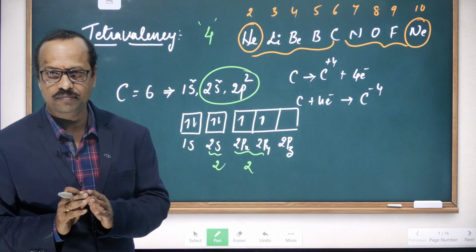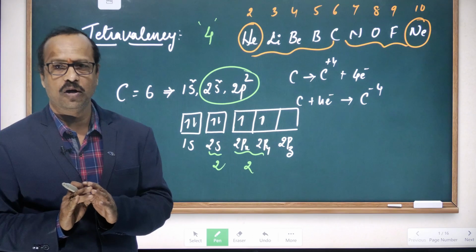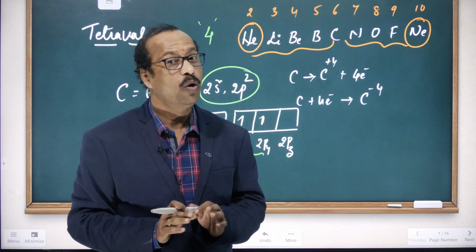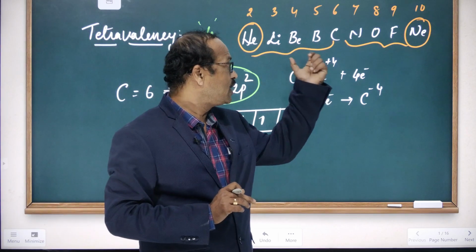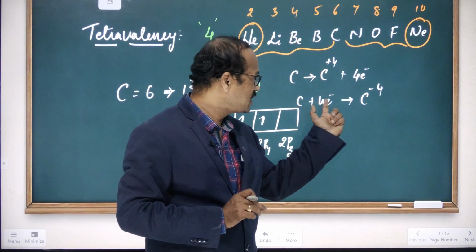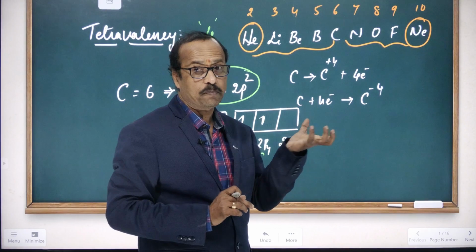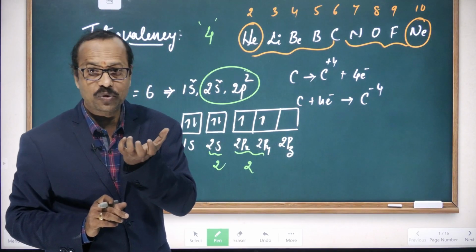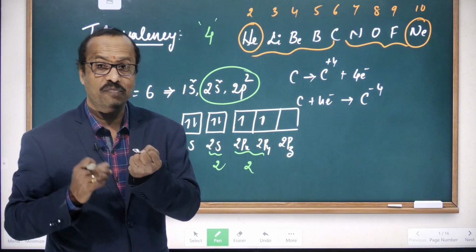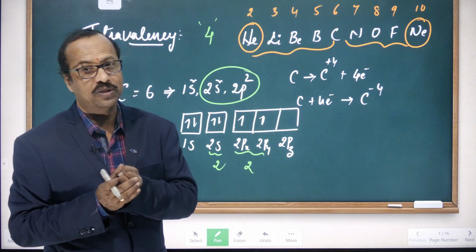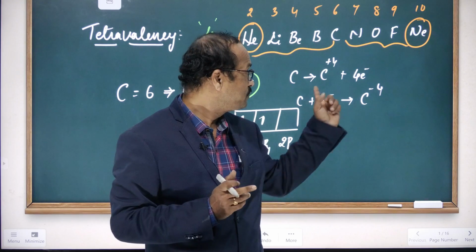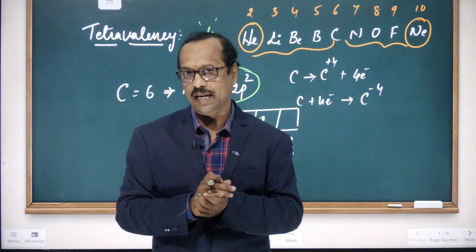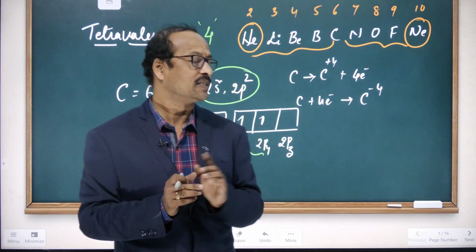Is it possible? No. Under normal conditions, it's not possible. Why is it not possible? Because if carbon gains 4 electrons, it has only 6 protons in the nucleus, but the number of electrons becomes 10. So these 6 protons cannot hold these 10 electrons. So it is a very difficult task.